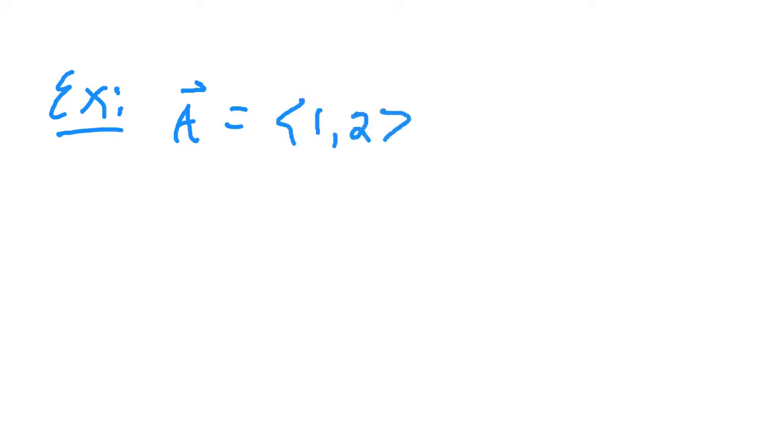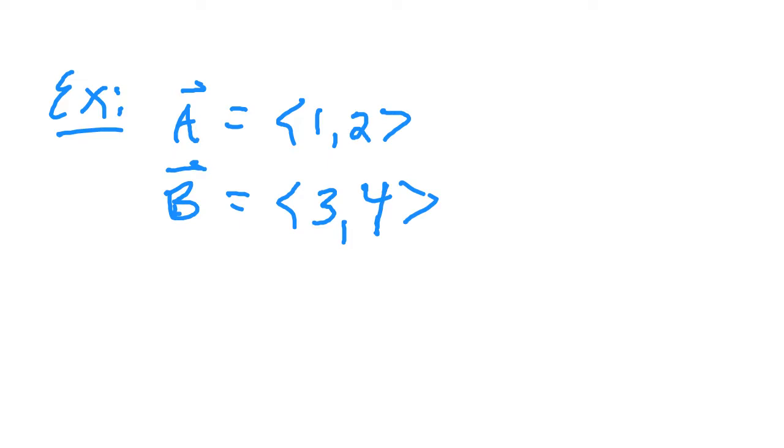Okay, so let's just see if we can look at an example. Let's let A vector equal 1, 2, and let's let B vector equal 3, 4.